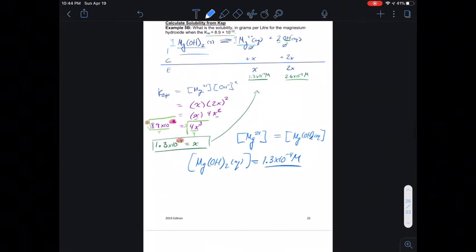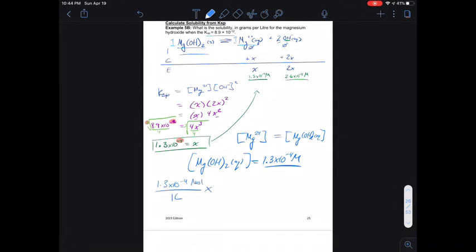Okay, but that's in moles per liter. So we have 1.3 times 10 to the negative 4 moles per 1 liter. And now we're going to multiply that by something in terms of grams divided by 1 mole. That would be our molar mass.